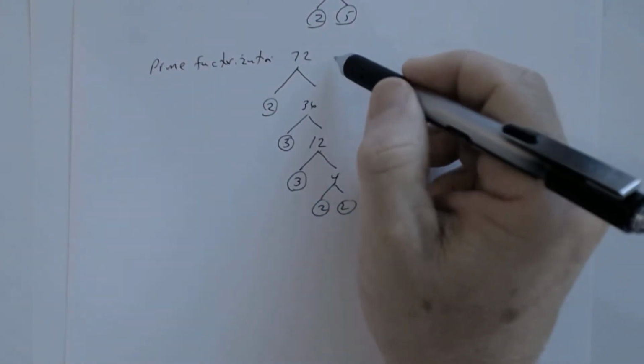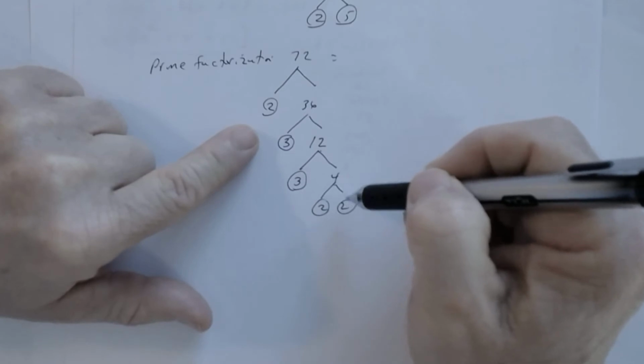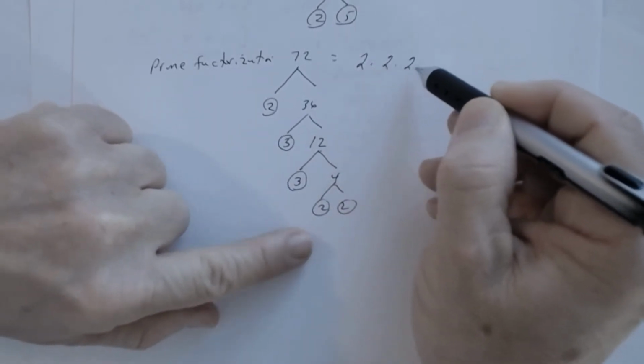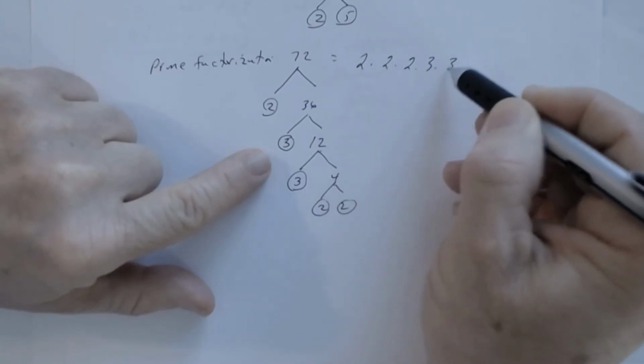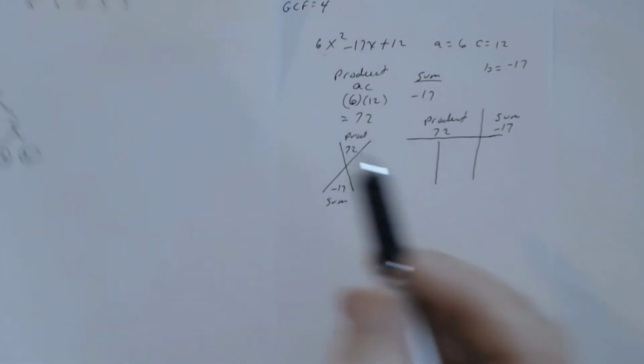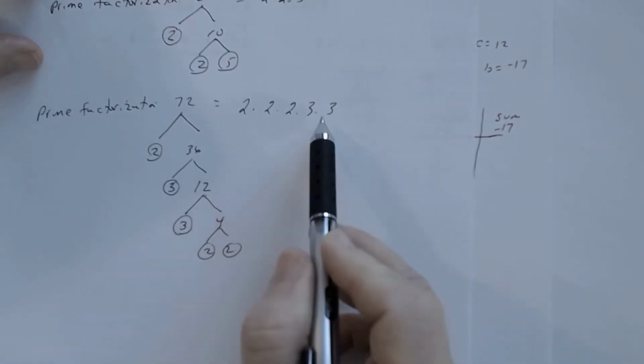So I'm done. That means I can write 72 as the product of all these prime numbers: 2 times 2 times 2 times 3 times 3. See, there are 1, 2, 3, 4, 5 factors.